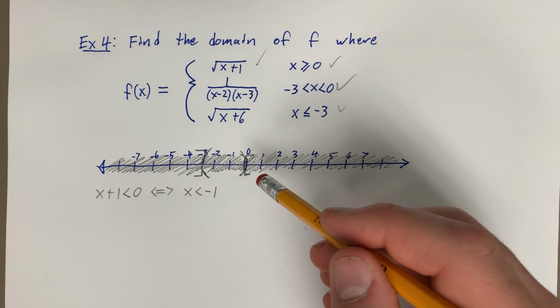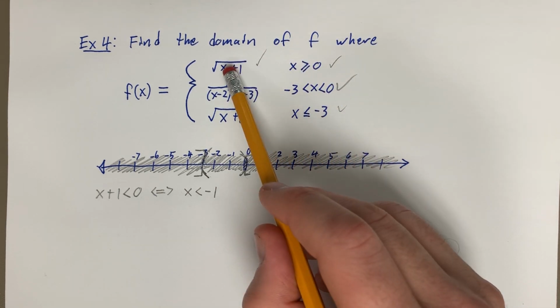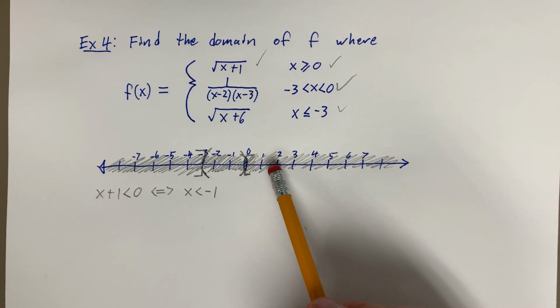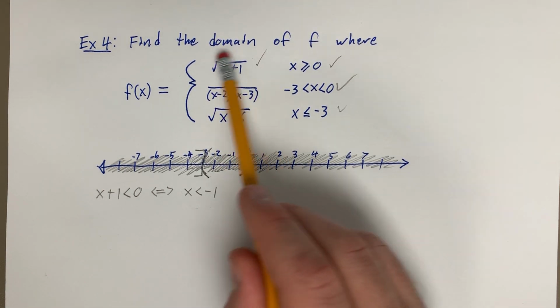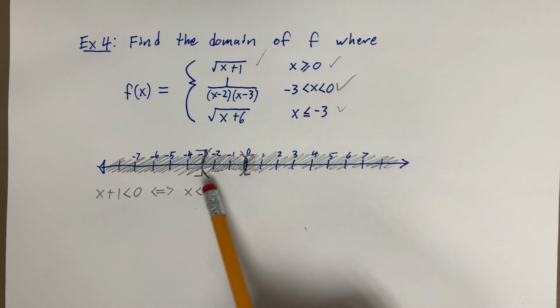But I also have to be careful because this function is only defined for x greater than or equal to 0. So x less than -1 are the only things that would cause problems. However, this function is only defined when we're talking about x greater than 0, so none of these x values are going to cause a problem.